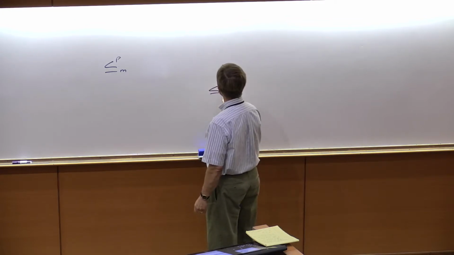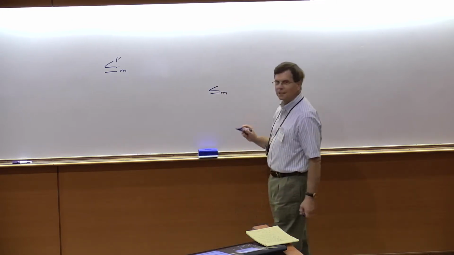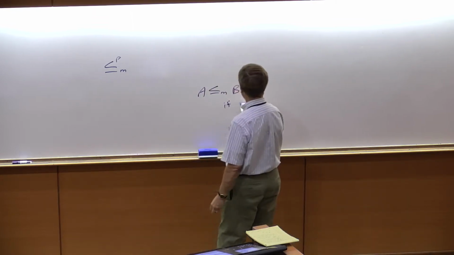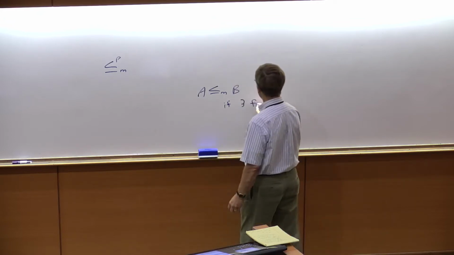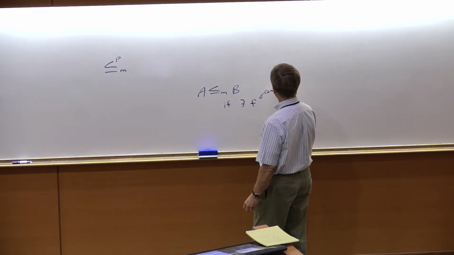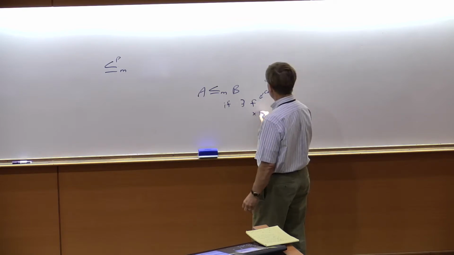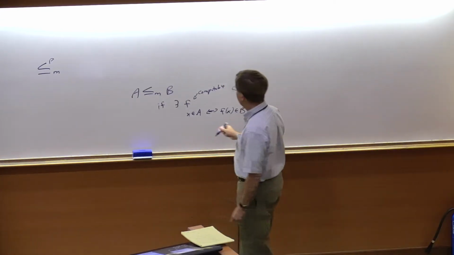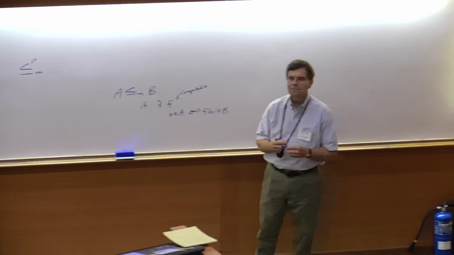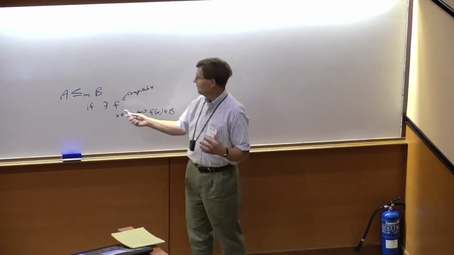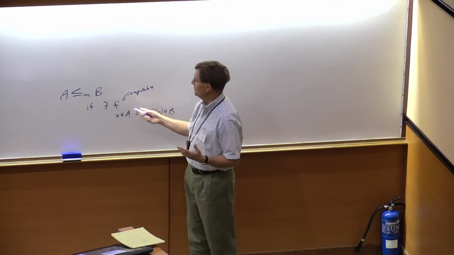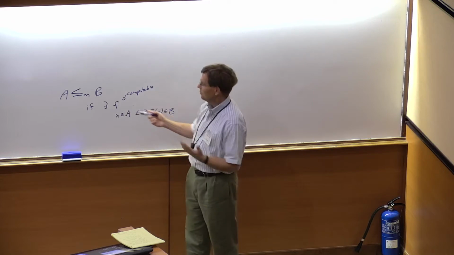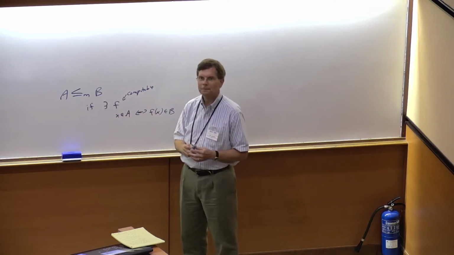If you're a recursion theorist, an M reduction is just: A M-reduces to B if there exists a computable function f such that x is in A if and only if f of x is in B. The M stands for many because early on this was also studied in the context of 1-1 reductions, and this is a more general notion where they can be many-one.